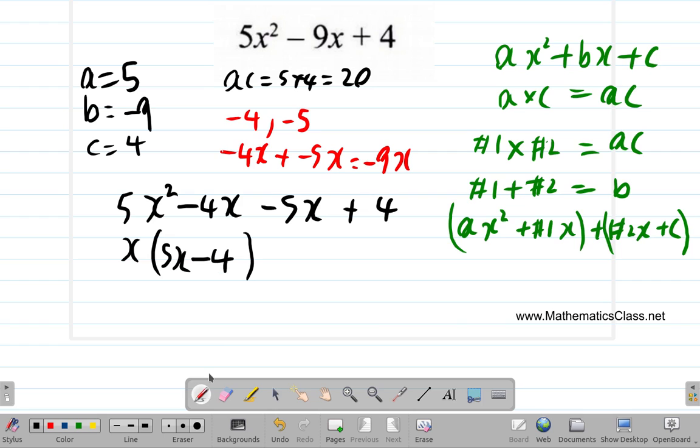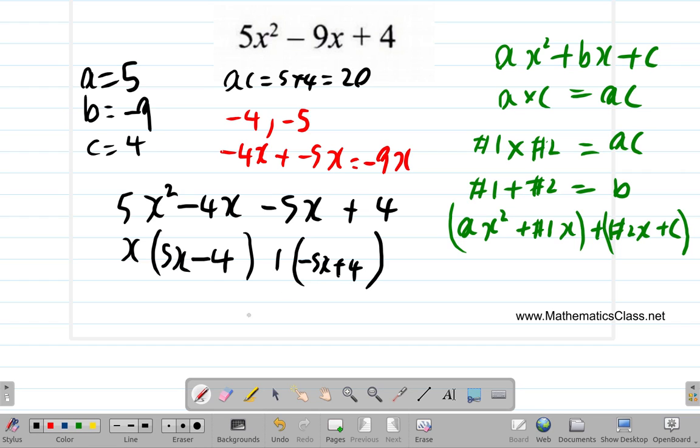You see that? Then after that, you're going to factorize negative 5x plus 4. Now, you cannot find a number other than 1 that can divide into negative 5x and 4 at the same time. If you factorize and put 1 as a common factor, inside the bracket you're going to have negative 5x plus 4.